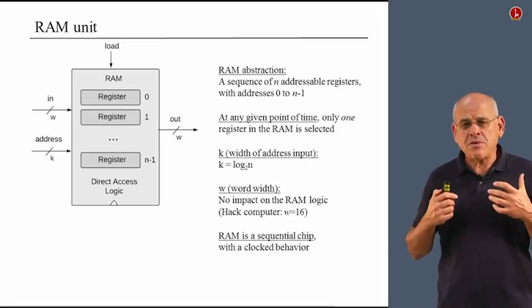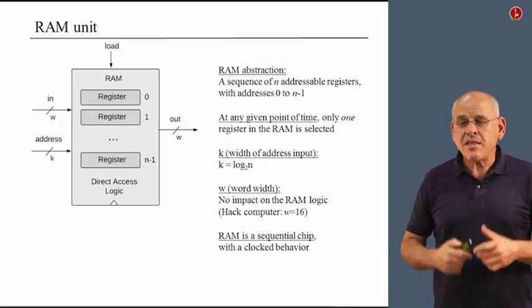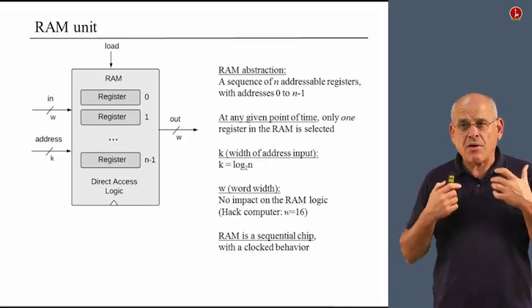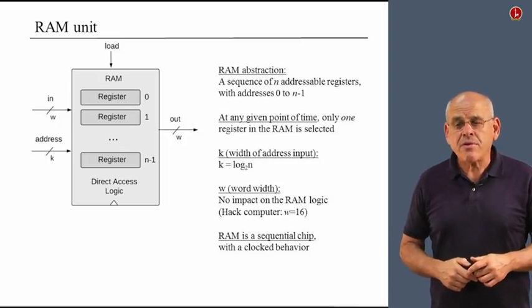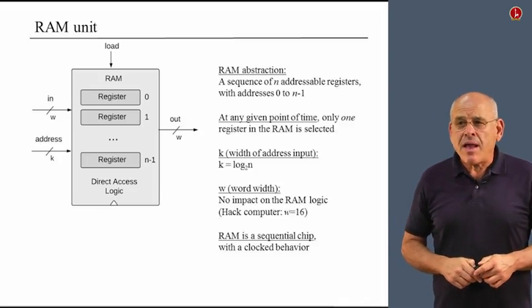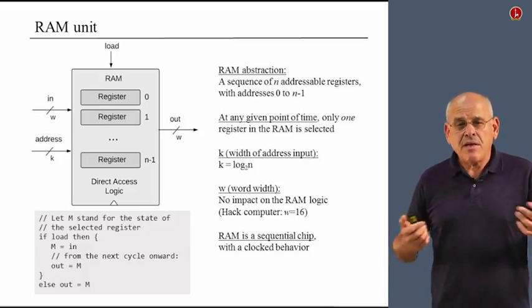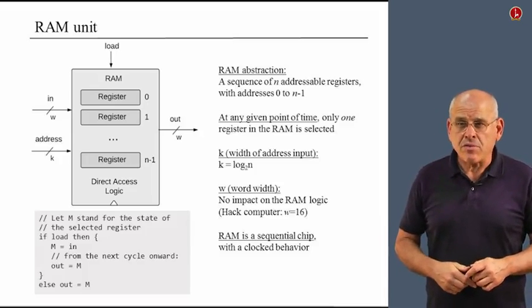Finally, I want us all to remember that this is a sequential chip. It depends on a clock input, and that's why we have this little triangle in the diagram. And this means that it has a clocked behavior, and the behavior is defined as follows.